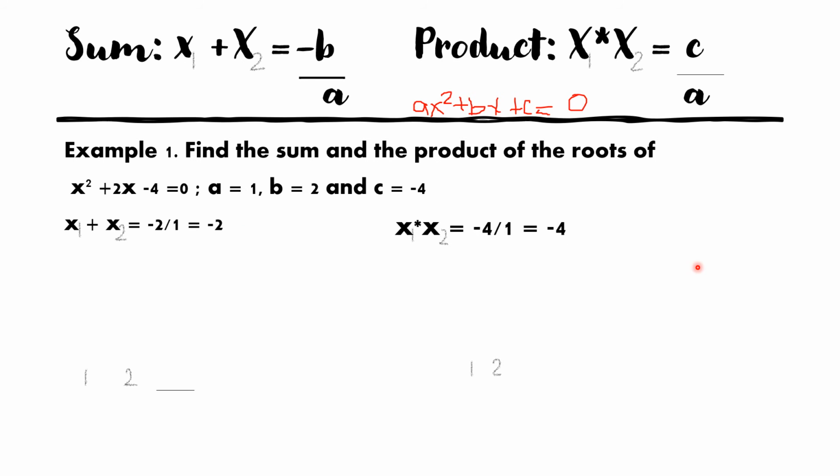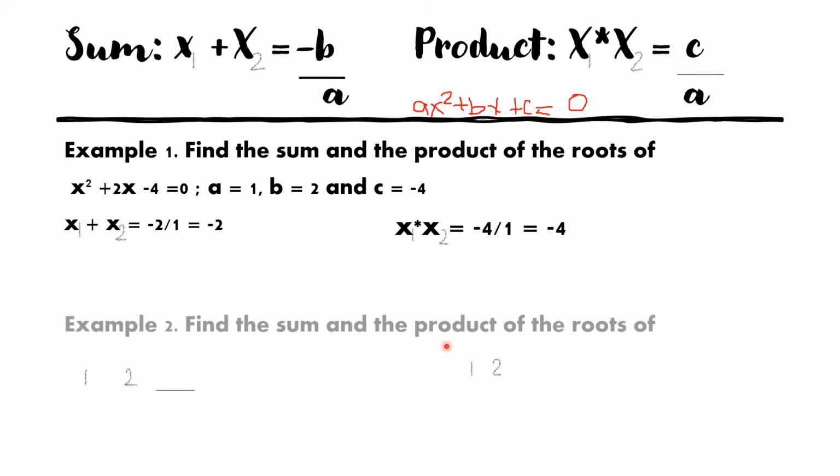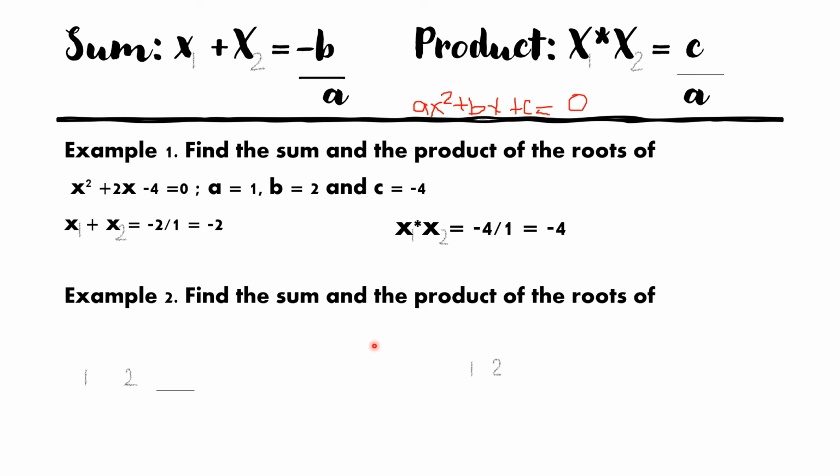Sa product of the roots naman, x sub 1 times x sub 2 is equal to c over a. Ano yung value ng c natin? Negative 4. So negative 4 divided by 1, that is negative 4. Ganun lang kadali.